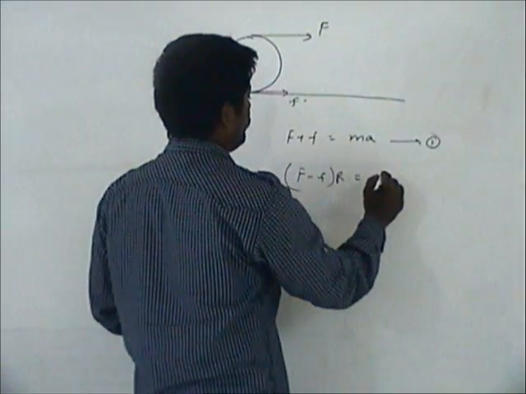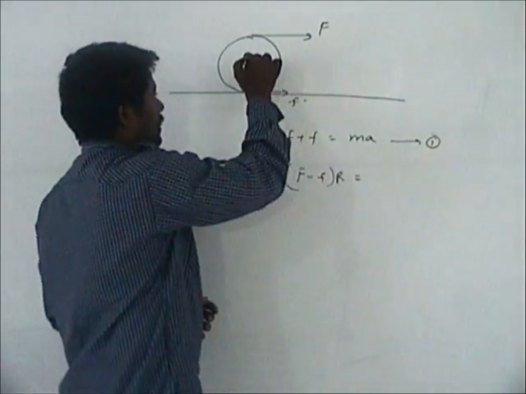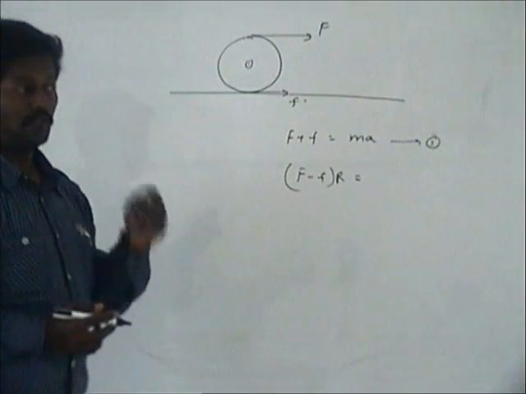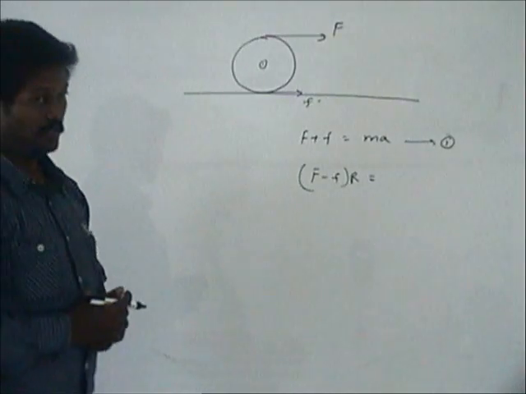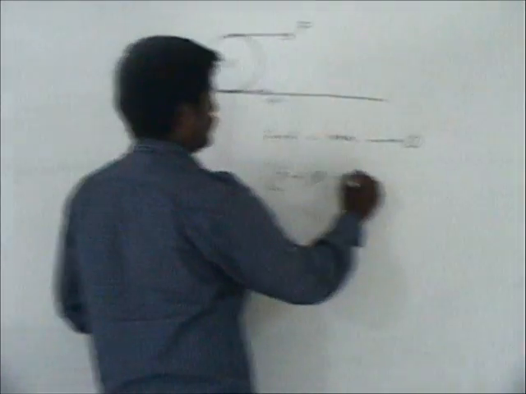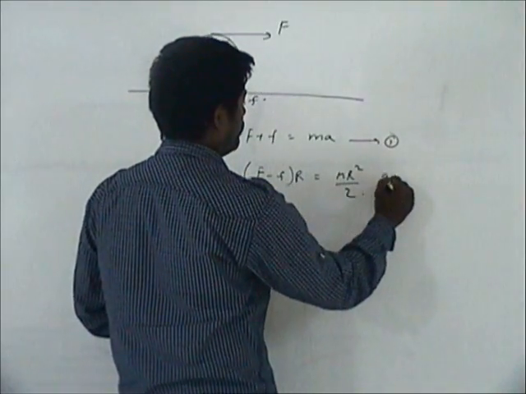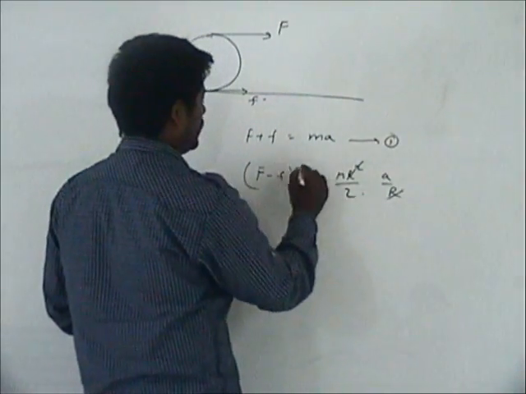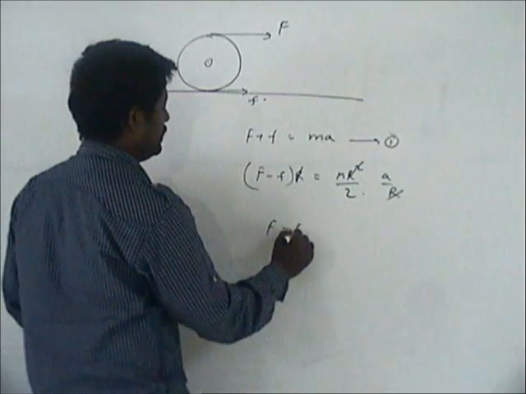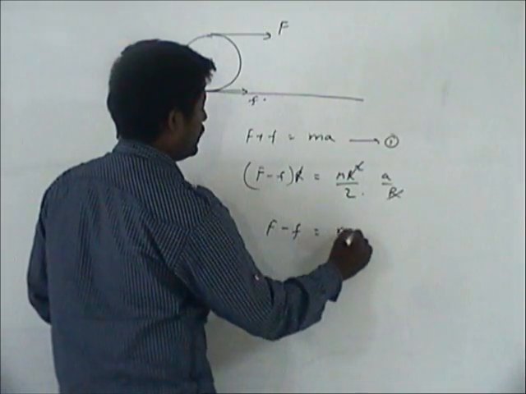Torque equal to I alpha, we know. We are taking the torque about the center of mass, therefore the moment of inertia should be taken about the center of mass only. Therefore mR square by 2 into alpha, where alpha is a by R. So R gets cancelled here. F minus f equal to ma by 2.